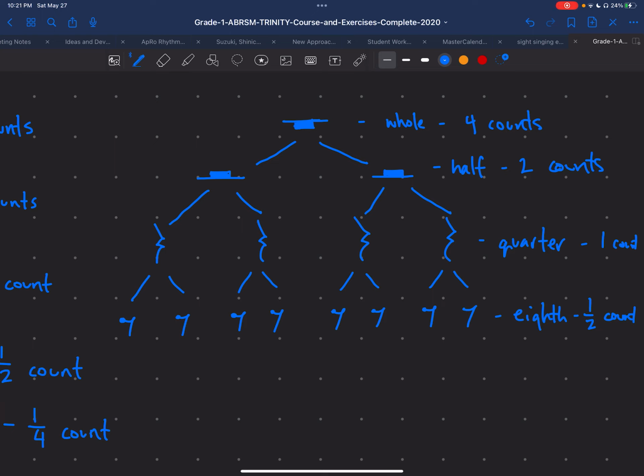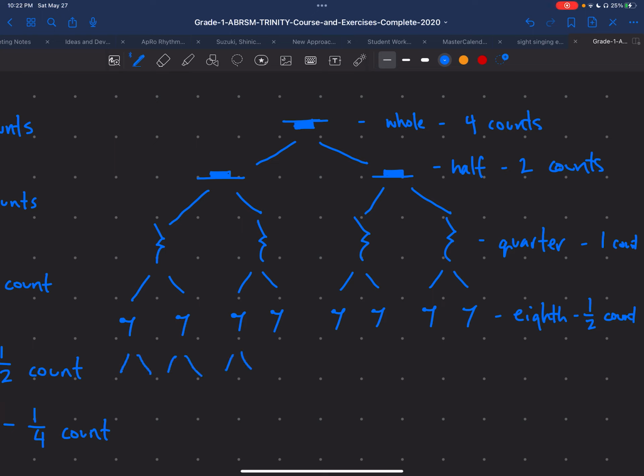Note that an eighth rest is not the same as an eighth note, and they don't beam together. If we have two eighth rests side by side, if it occupies the same beat, as we'll see in our time signature, then it would group together as a quarter rest, but we don't join them together in any other way.